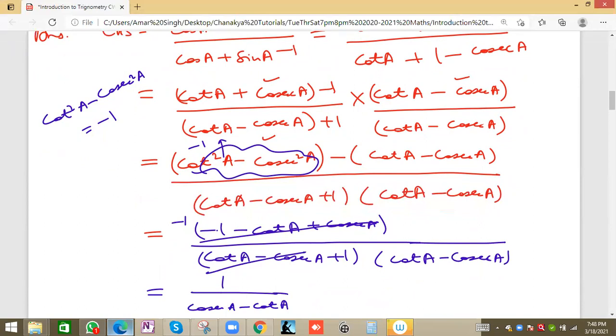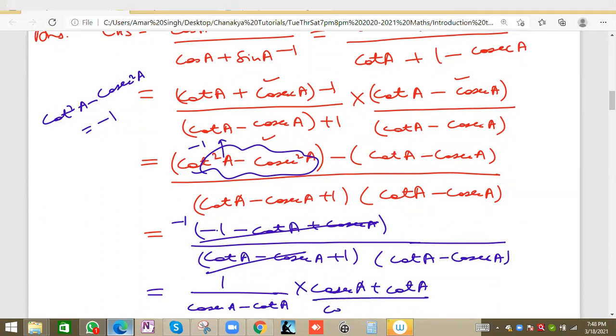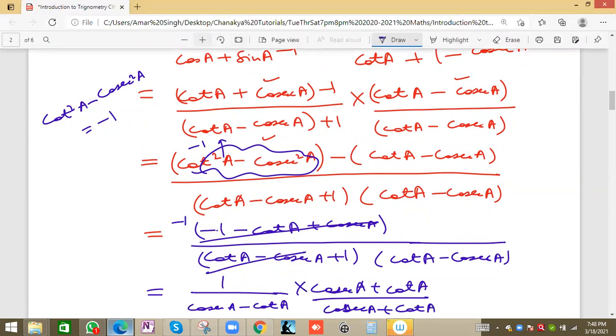But in the question we have to prove it as cosec A plus cot A. Okay, no problem. We can rationalize, because in the numerator we have one term, cosec A plus cot A. So we can multiply numerator and denominator by cosec A plus cot A to get the final result.